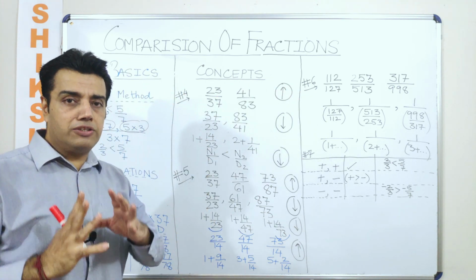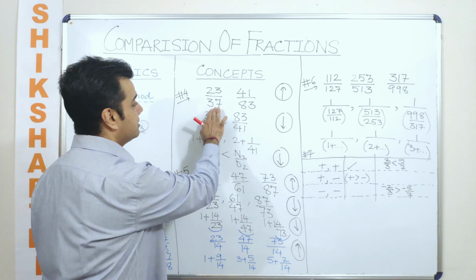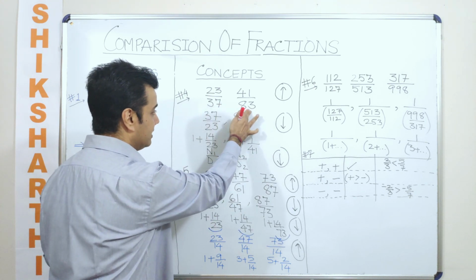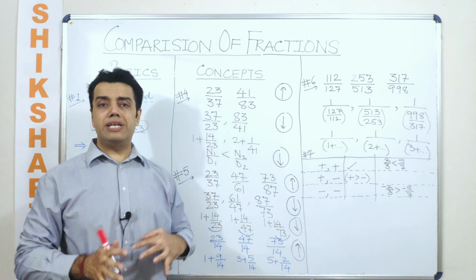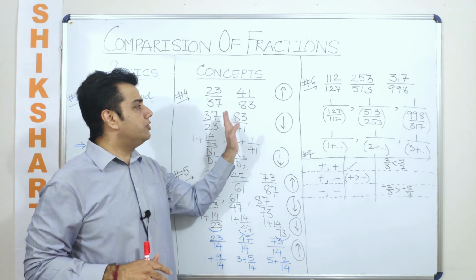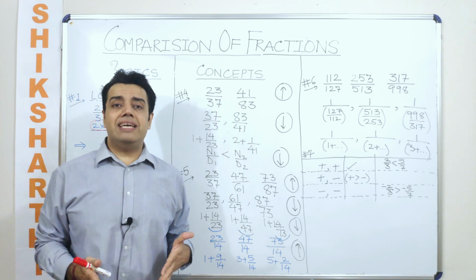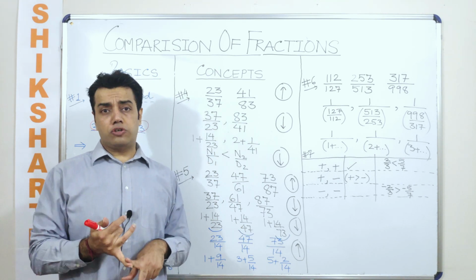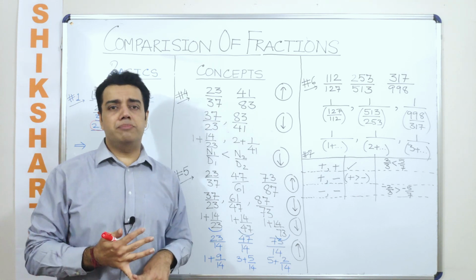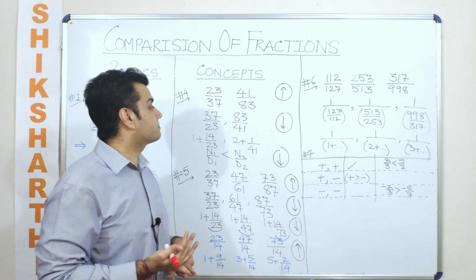When I say this is a sign of relationship, what do I mean? Maybe this is greater than this, maybe this is lesser than this, maybe this is equal to this. In life you always talk about equality or inequality. So when I am comparing two or more things, we can only talk about three things: either the greatest, the least, or maybe they are equal to each other.